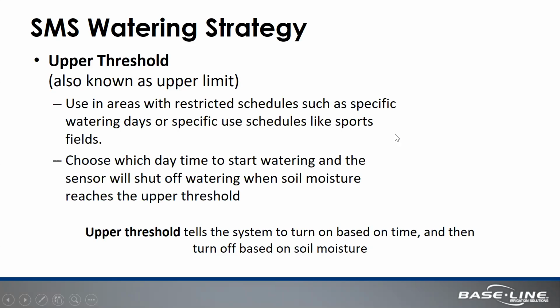So in the upper threshold strategy, the user tells the system when to run, and then the sensor will turn the system off based on moisture readings from that sensor. So you can get a variable runtime from this scenario based on how much evapotranspiration was occurring out of that soil profile at any given time.